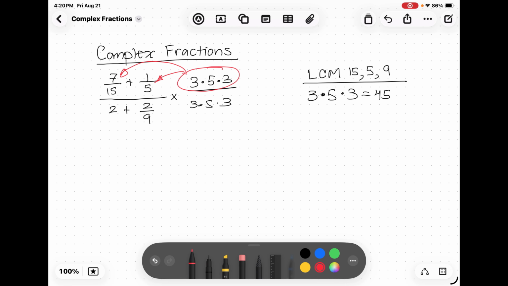Look at that. When it distributes to the first term, here to here, 15 cancels with 15, leaving 3 times 7, which is 21.